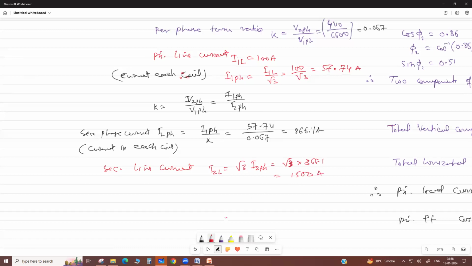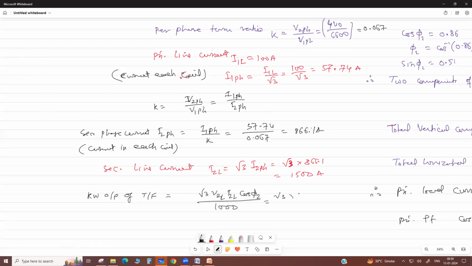Okay. Then you calculate kilowatt output of the transformer. The secondary line current and voltage are given. What is the power? Root 3 V2 line I2 line cos phi 2 divided by 1000.